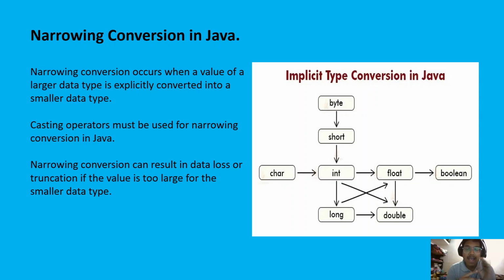That conversion is actually very risky, so doing it explicitly is very important. It helps us convert a larger data type into a smaller data type with comparatively less loss of data. Casting operators must be used for narrowing conversions in Java, because it can result in data loss or truncation if the value is too large for a smaller data type, as I told you.